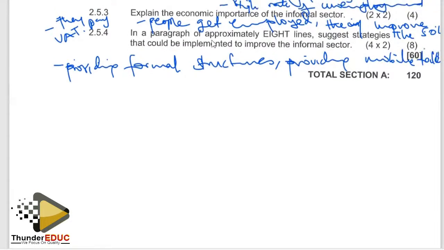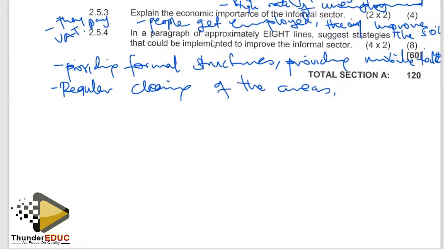Remember, these people do not have toilets to go into, and also their operation areas are always very unclean. So we can also talk about regular cleaning of the areas where the people are working from.